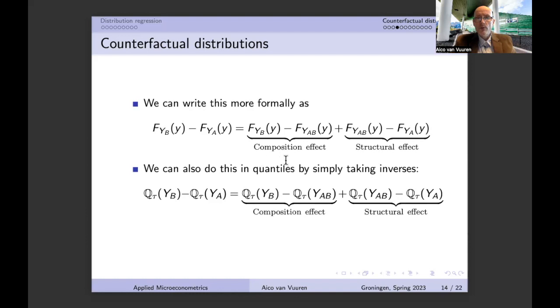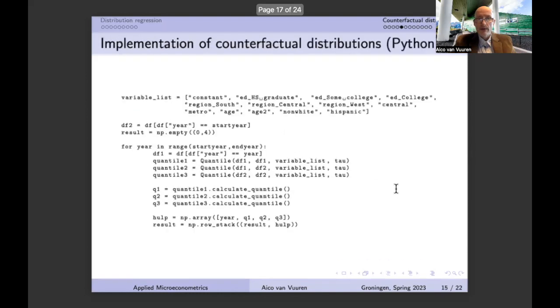But we can do exactly the same thing with respect to the AB population, because we can calculate this counterfactual distribution for many values of y, and then simply invert it. And then we are going to see as well that the difference in quantiles between the A and the B population can be subdivided into a so-called composition effect as well as a structural effect.